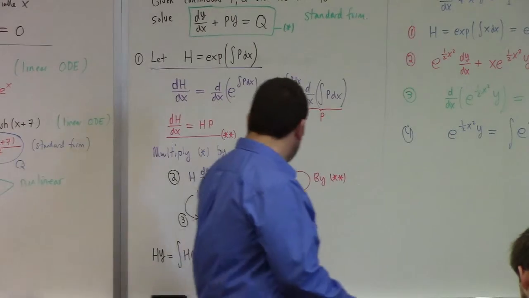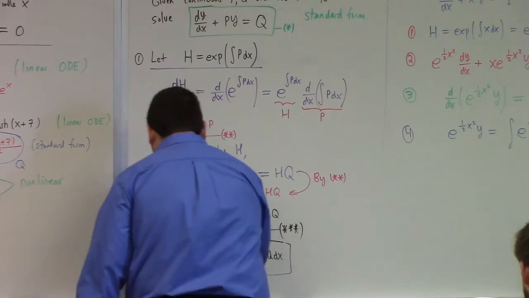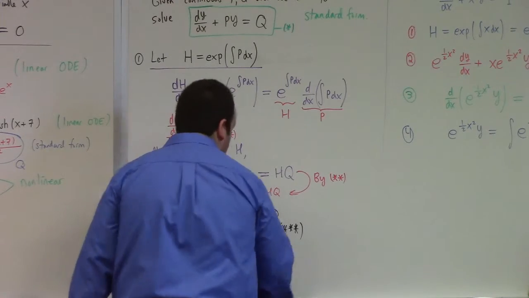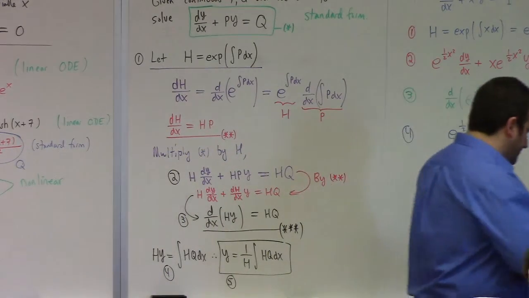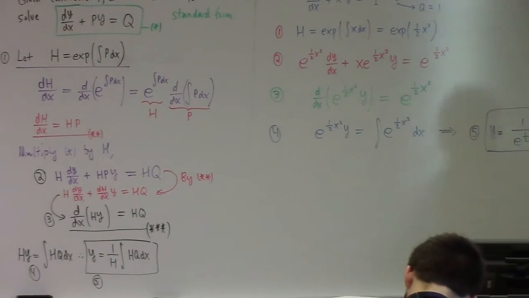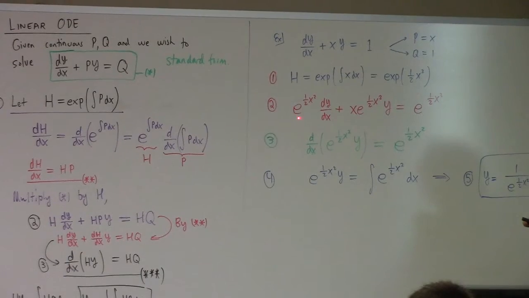Oh, I'm sorry. This was step 4. That was step 5. I'm just trying to mimic my numbering. But you follow the steps. It's the same steps. So I take the differential equation, I multiply by the integrating factor. That gets us to this, right?